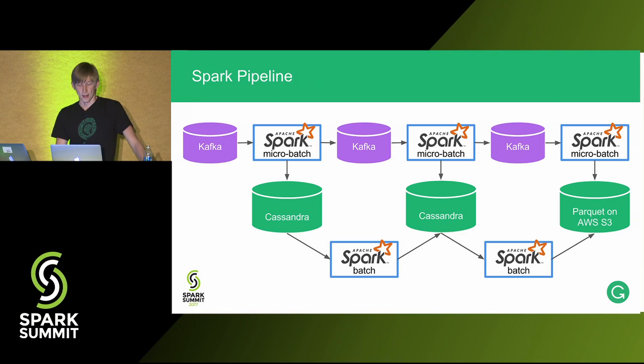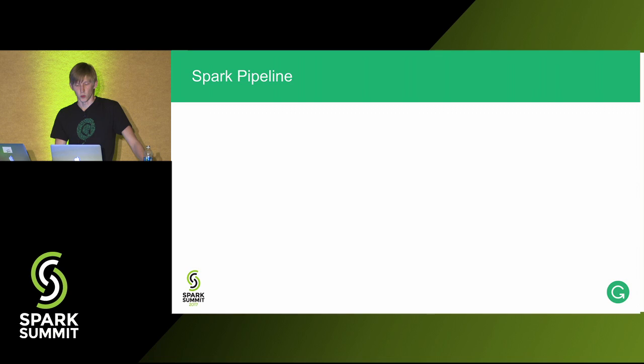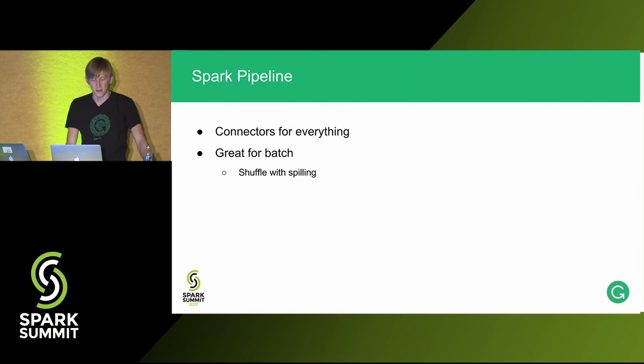Let's take a little deeper look, a few notes here. Spark is great for that because it has connectors for everything. Obviously, it's great for batch because it supports shuffle with spilling. So when you have data much more than fits in memory, you'll actually be able to process it.